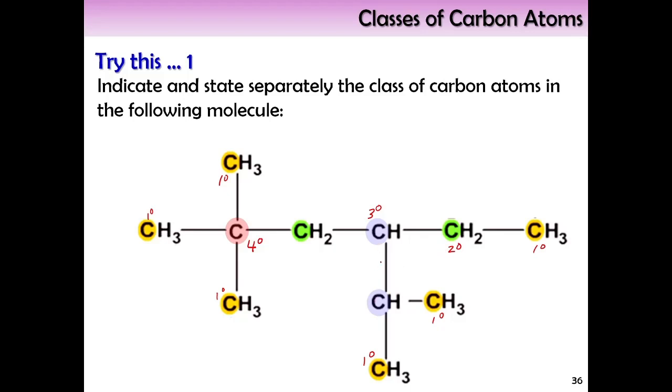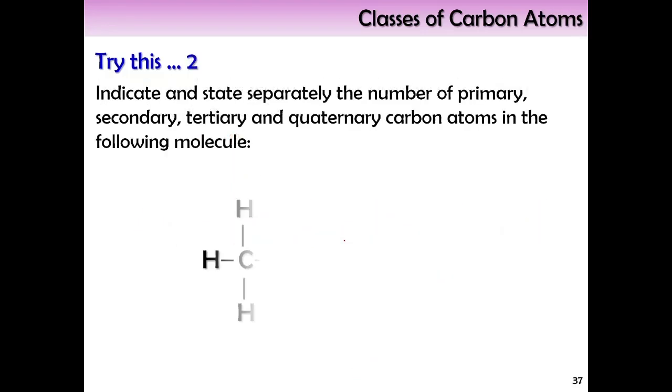This one attached to 1, 2, 3. So tertiary. And this one attached to 2 carbon and 2 hydrogen. So this one is secondary. Okay, so that is classes of carbon. Okay, a proper writing label shown here.